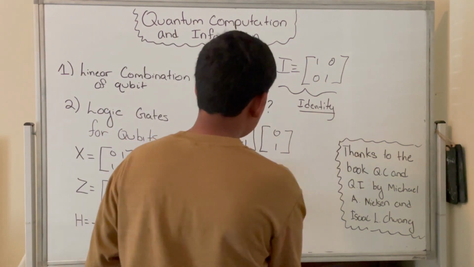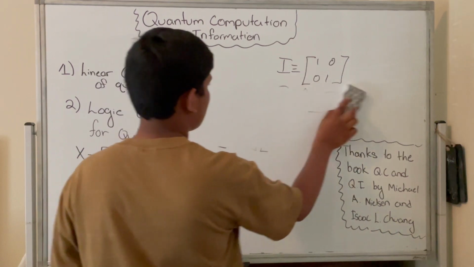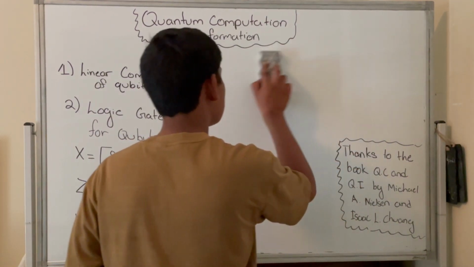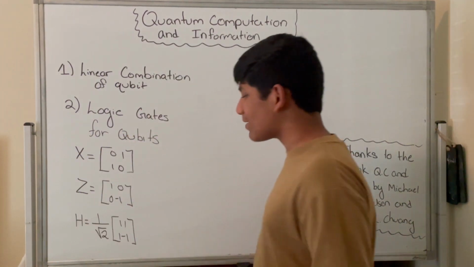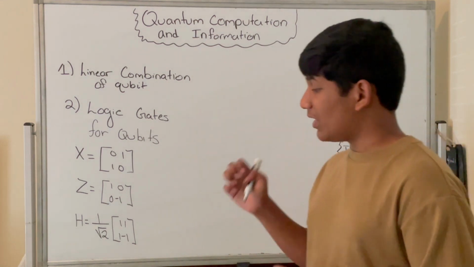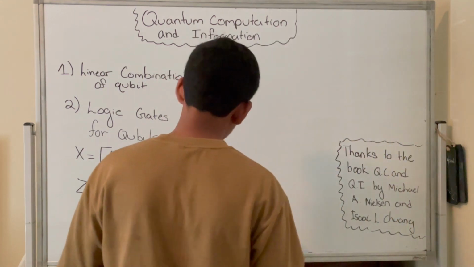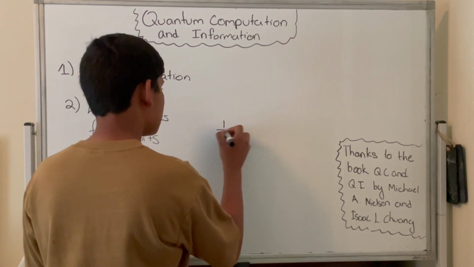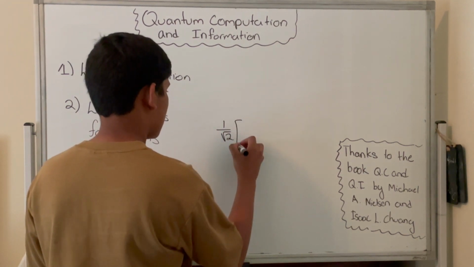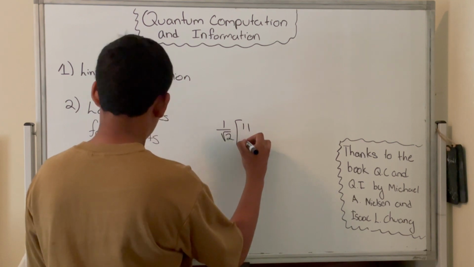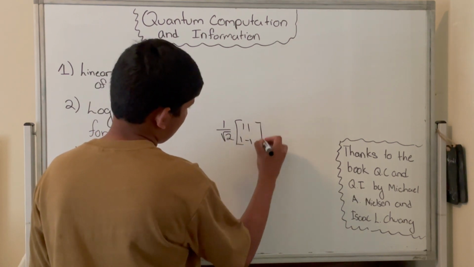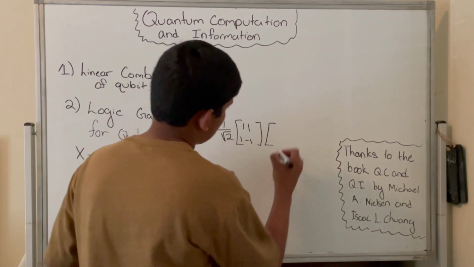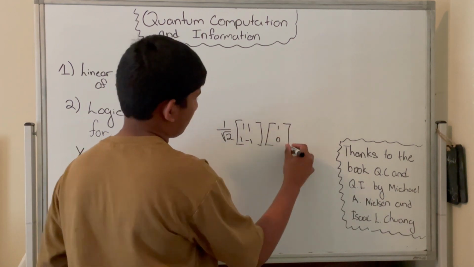Now, let's go to the last gate we're going to talk about in this video. This gate is much more complicated. It's called the Hadamard gate, and it's very useful in mathematics. So let's apply 1 over the square root of 2 times 1, 1, 1, negative 1. We're going to multiply this with, let's say, 1, 0.